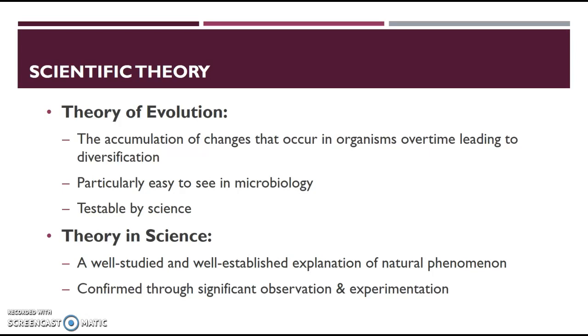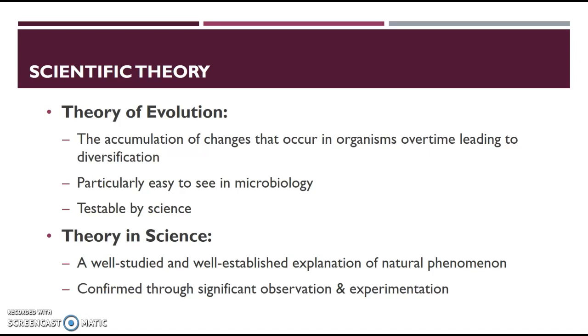A theory in science is a well-studied and well-established explanation of natural phenomena. It is confirmed through significant observation and experimentation. So this explanation has been tested numerous times, and there is significant evidence that supports this explanation, so much so that it has not been disproved by any other experimentation.